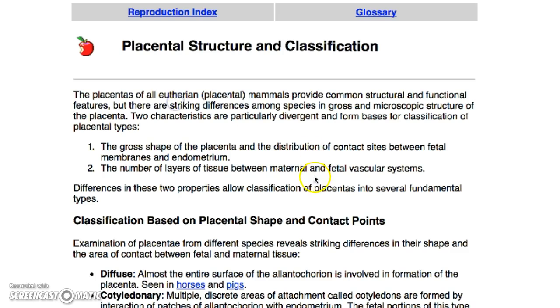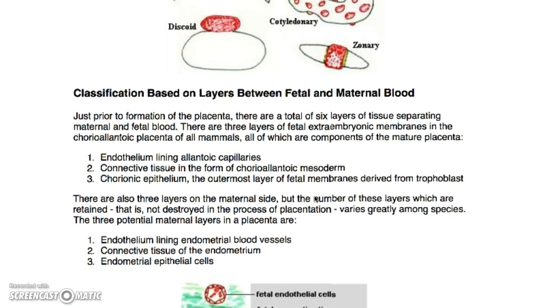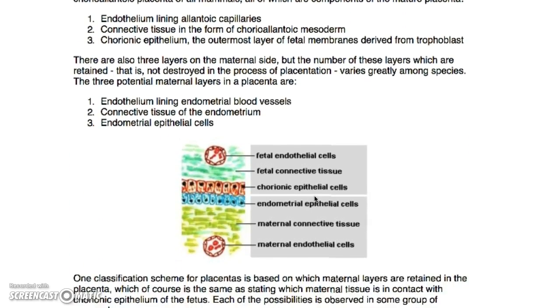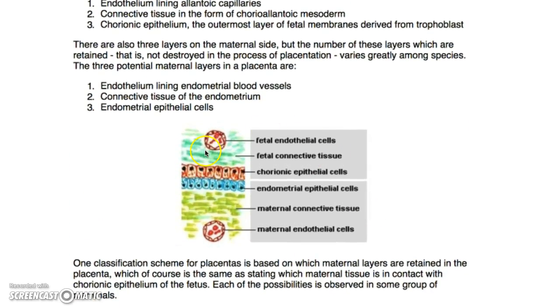And the same website that we just went to has some really nice diagrams of how that works. So here's the depiction. Starting on the maternal side, you have the maternal blood cells running through the blood vessels. This is a cross section showing the external endothelial cells that make up the walls of the blood vessel.